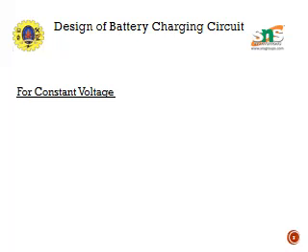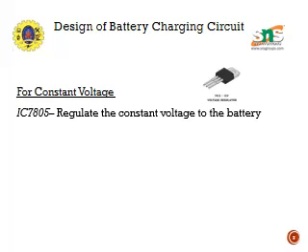Next, for constant voltage we are using regulator ICs, that is the IC78XX series. If we use 7805, the output of the circuit is a constant 5 volts. If you use IC 7812, you can get a constant 12 volt supply.